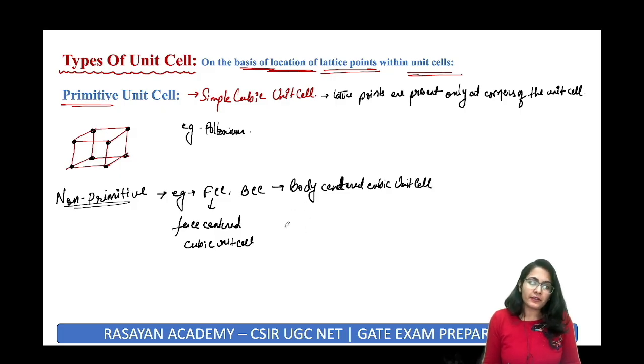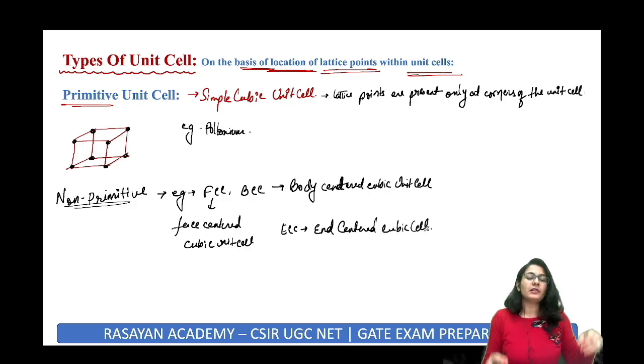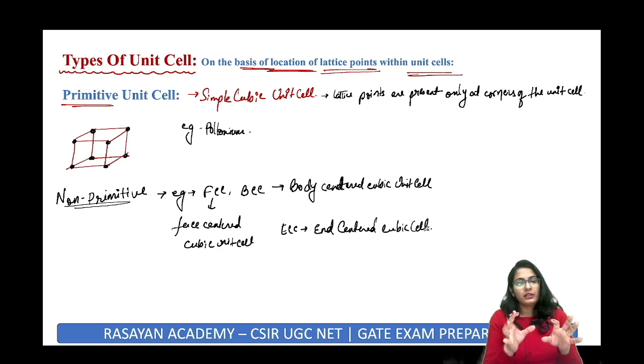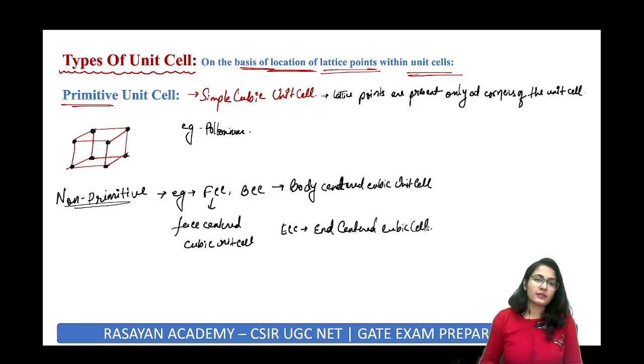Then we have end-centered cubic unit cell. So all of these are examples of non-primitive, where you not only have the lattice points at the corners but also at different positions in the system.